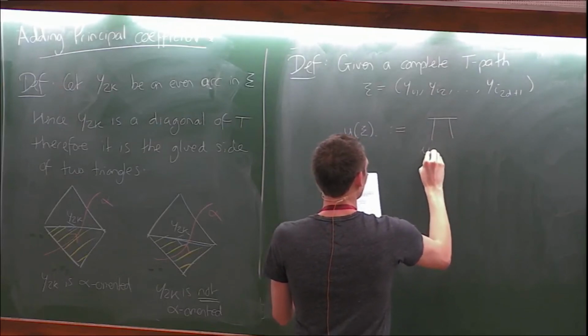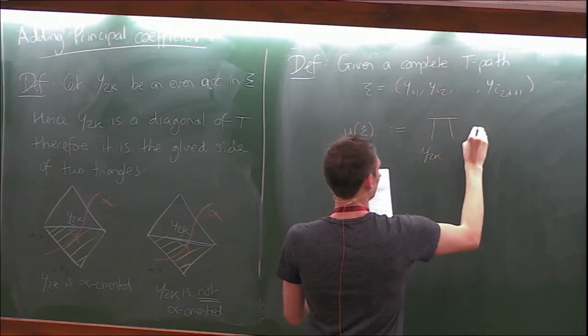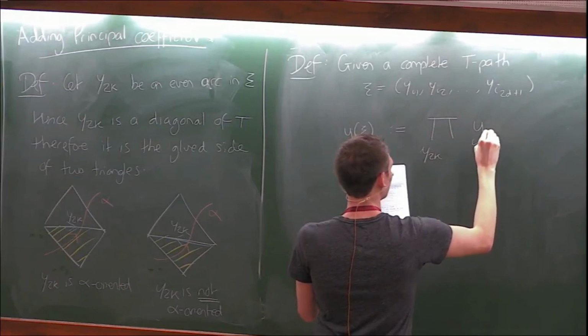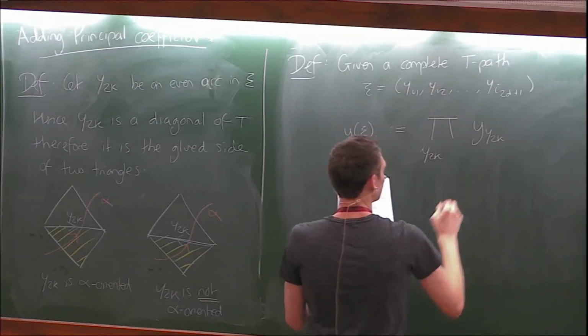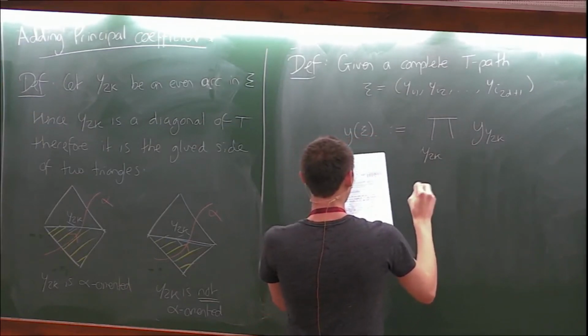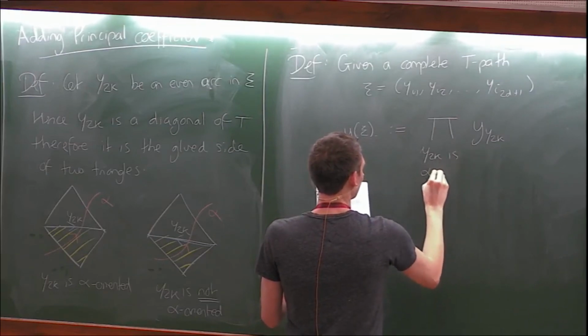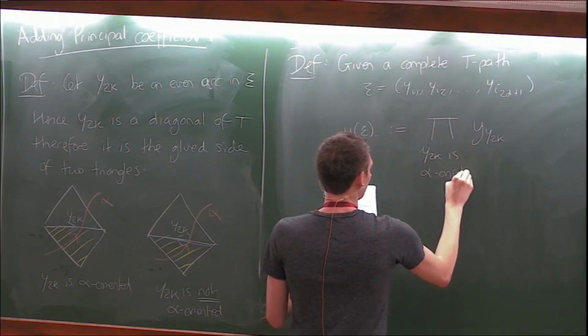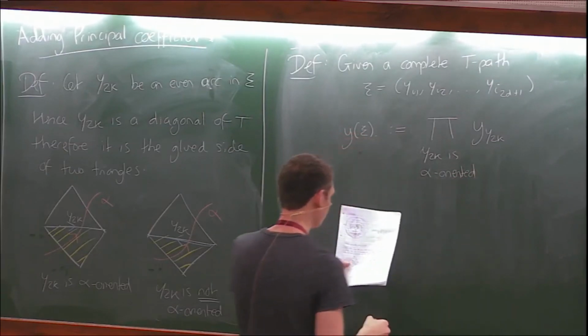So it's going to be y gamma 2k, where gamma 2k is alpha-oriented.